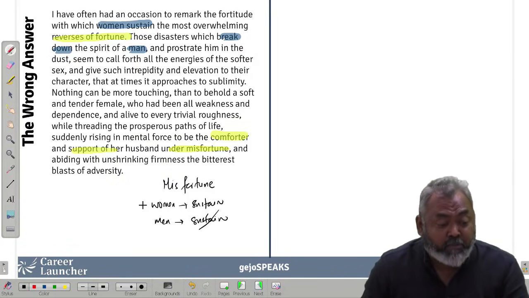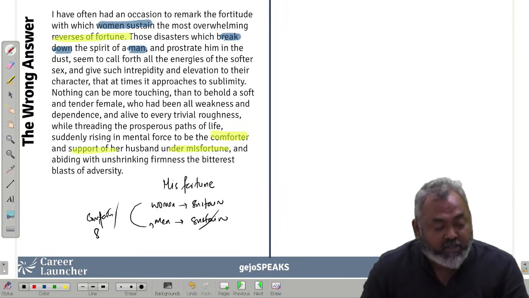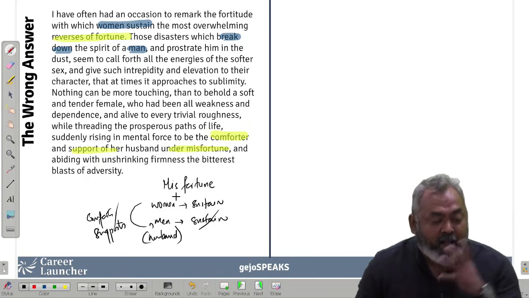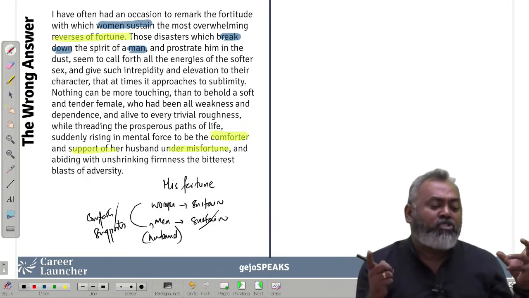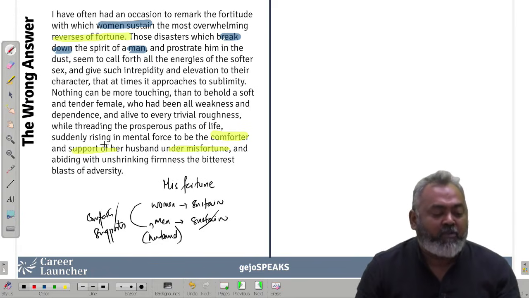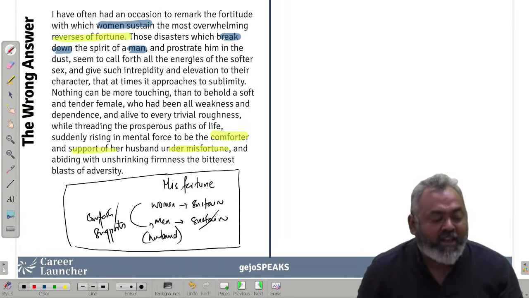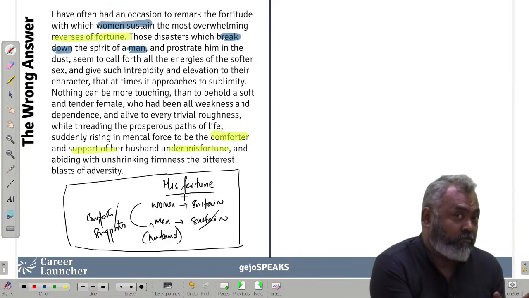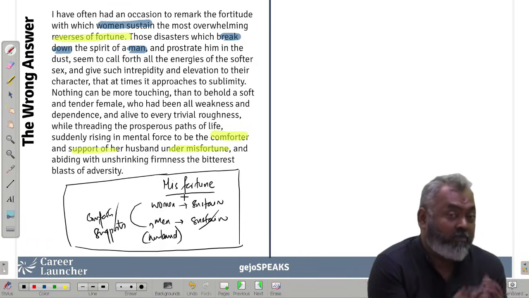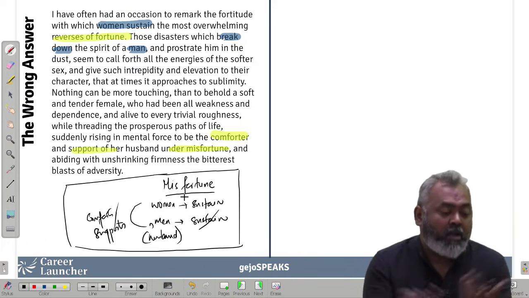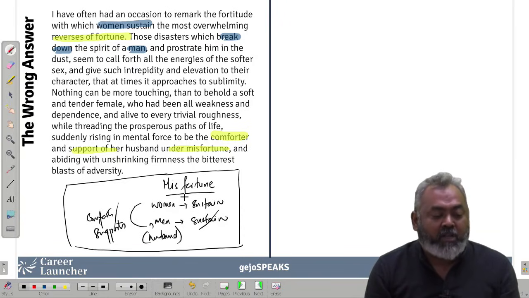So these women comfort and support their husband under misfortune, and now abide with unshrinking firmness the bitter blast of adversity. So basically the story is that in the context of misfortune, women support their husband. Women sustain, men do not sustain, and women support and comfort their husband.